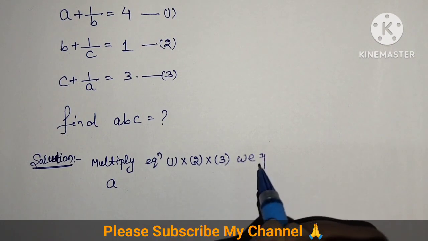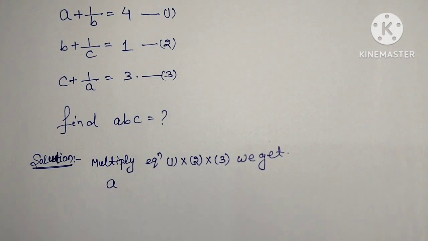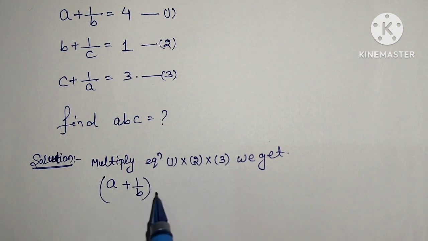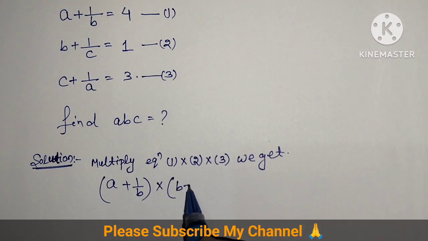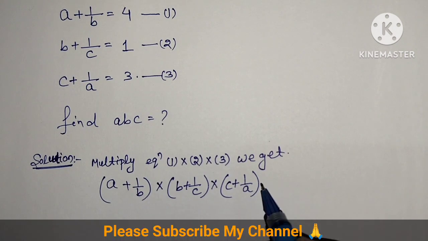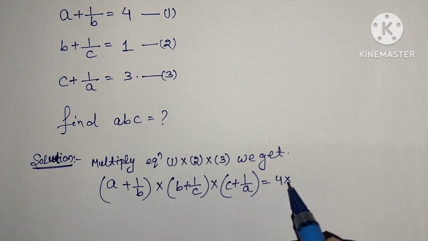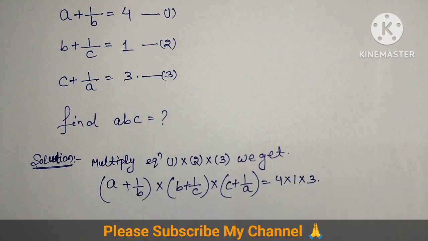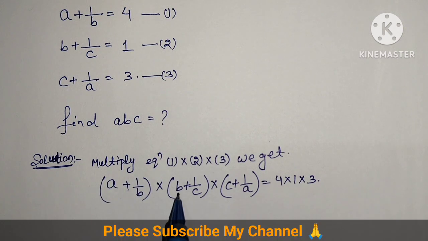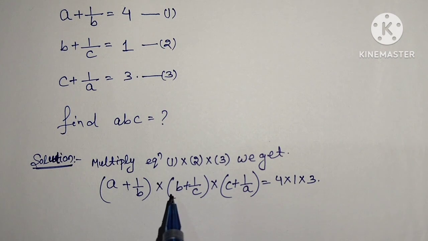We multiply all these equations: A plus 1 by B into B plus 1 by C into C plus 1 by A is equal to 4 into 1 into 3. Then first we multiply A plus 1 by B into B plus 1 by C. See, what is that?